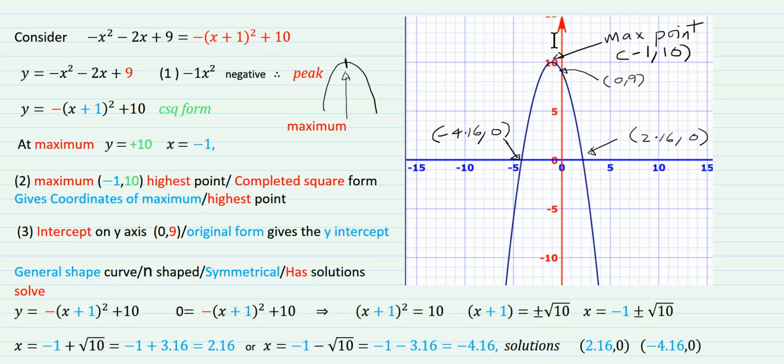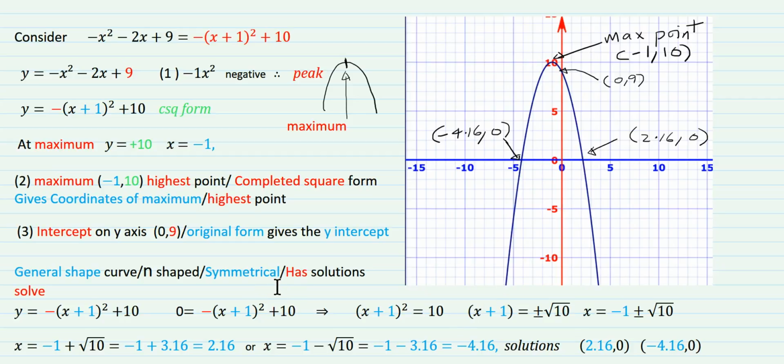That means if you draw a line through the center and put a mirror there, this side would reflect on the right hand side. So if you've got the y-intercept and the maximum, you join these two points and you can draw a curve here. Then on the other side it will be the same, symmetrical, so you just draw a curve going down here. So that's how you get the curve.